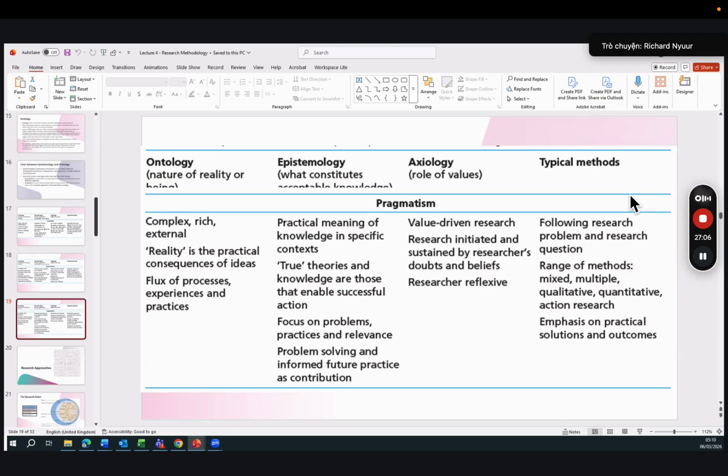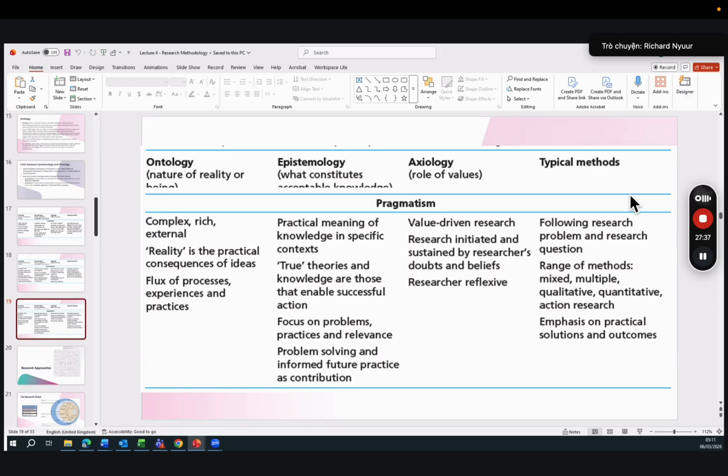And then usually they view that true theories and knowledge are those that enable successful action. Okay, so they focus on the problems, they focus on practice and relevance. And it is value-driven research by the researcher. So the researcher initiates it and it is sustained by their own beliefs, their own doubts, and so on and so forth.